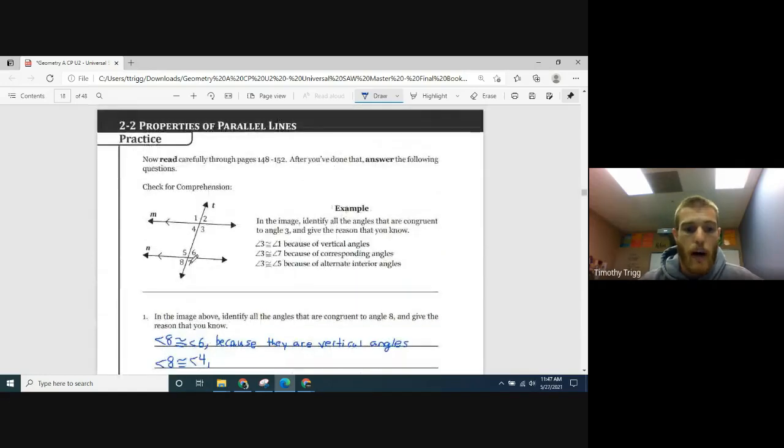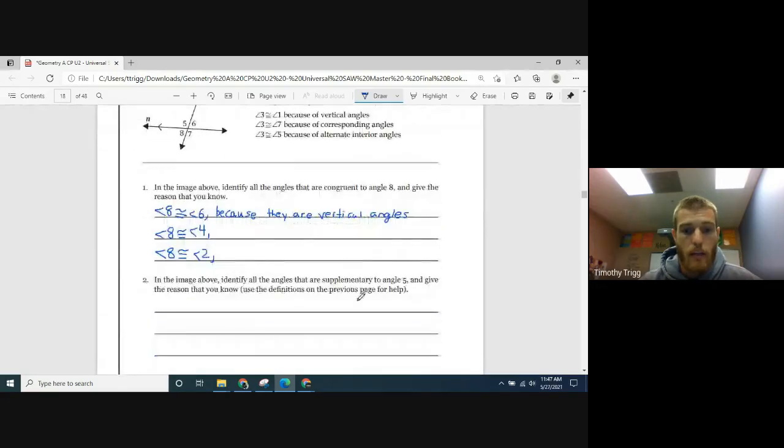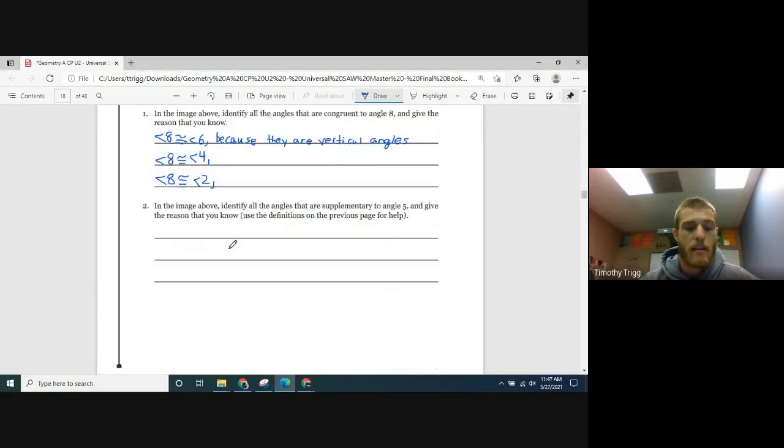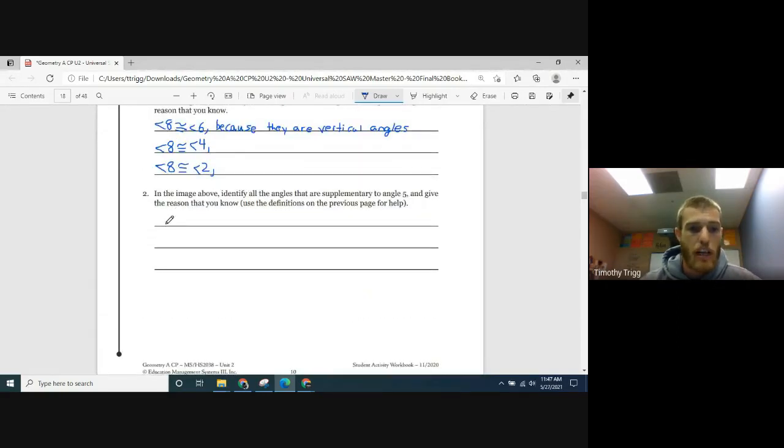Angle 5 forms a straight line with angle 6. Oh, so that means angle 5 must be supplementary to angle 6. Angle 5 is supplementary, not congruent. We're not working with congruent anymore.